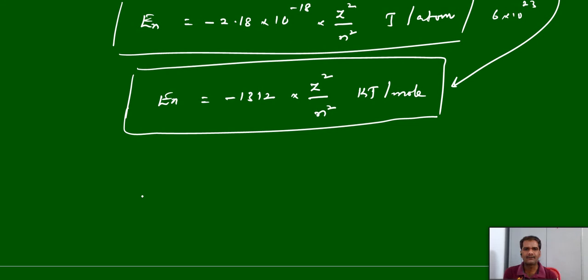And from that, overall, the energy value depends on what? It is directly proportional to Z square by n square, but with a negative sign, minus Z square by n square. What does it mean? As atomic number increases, energy value decreases here. Z increases, more negative value means less energy. As n value increases, energy value increases.